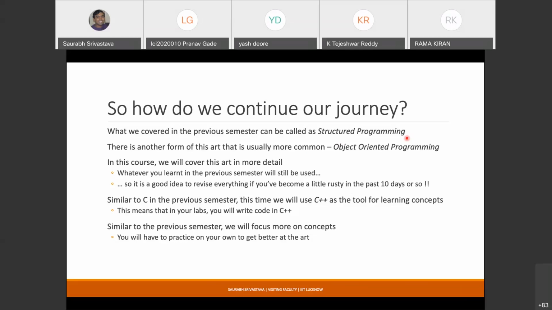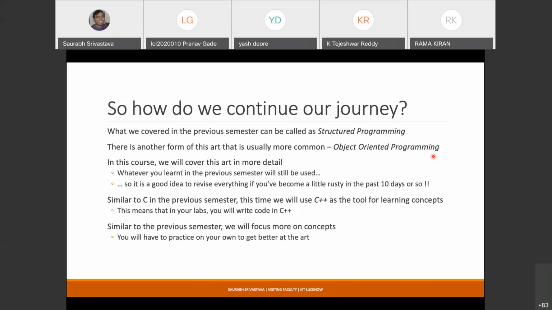We used structures, we used functions. It can also be considered procedural programming. The reason we call it structured or procedural programming is because it was not object oriented programming. So why is this term important? Because as you start doing more and more programming, you'll realize that almost all development that goes on today in the software industry is in some ways object oriented.